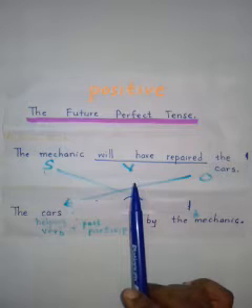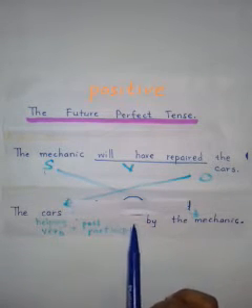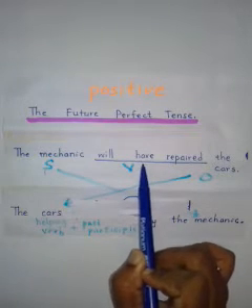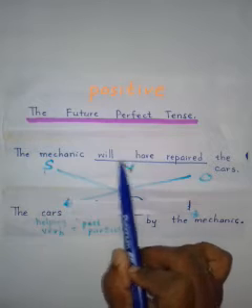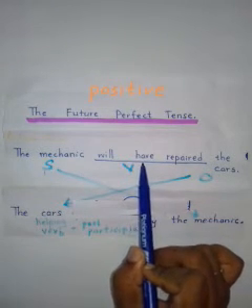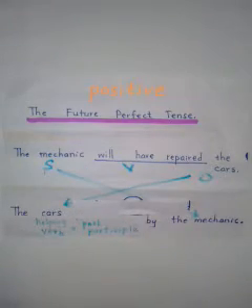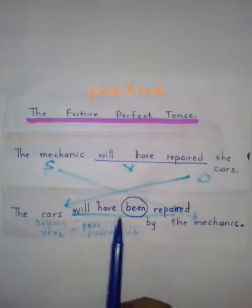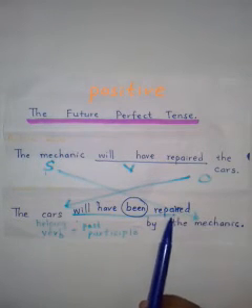So we can use have been. Will එක තියෙන්න ඕනේ නිසා has have දෙකෙන් have, මොකද verb stem එකක් ඕනේ. Will have been repaired.